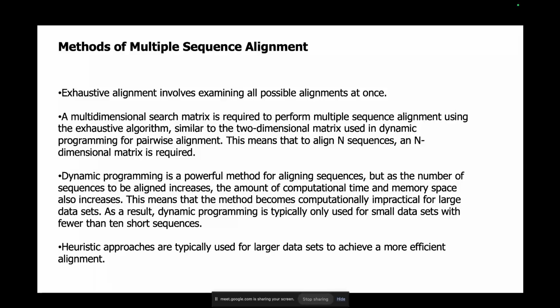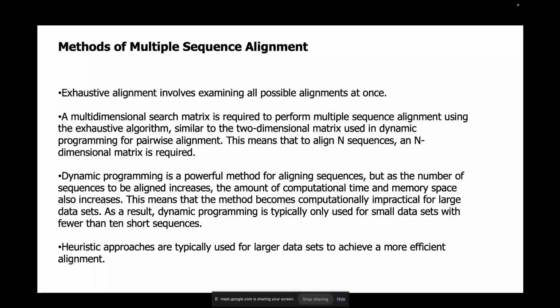Now we've talked about mostly pairwise alignment, where we are just aligning two sequences. Now we talked about multiple sequence alignment, where you are trying to align three or more sequences all at once.